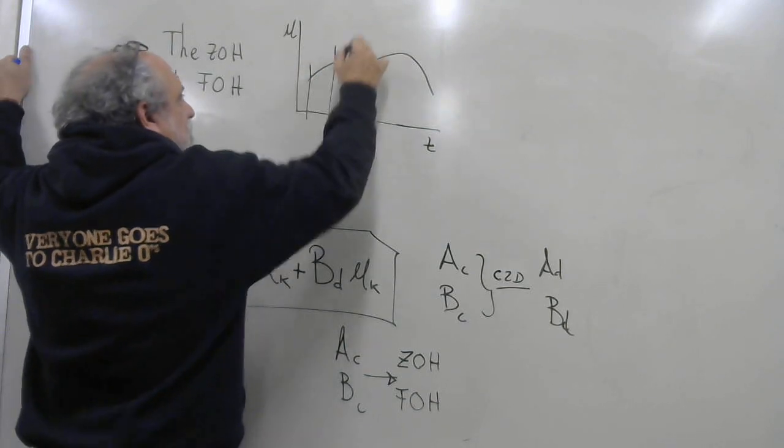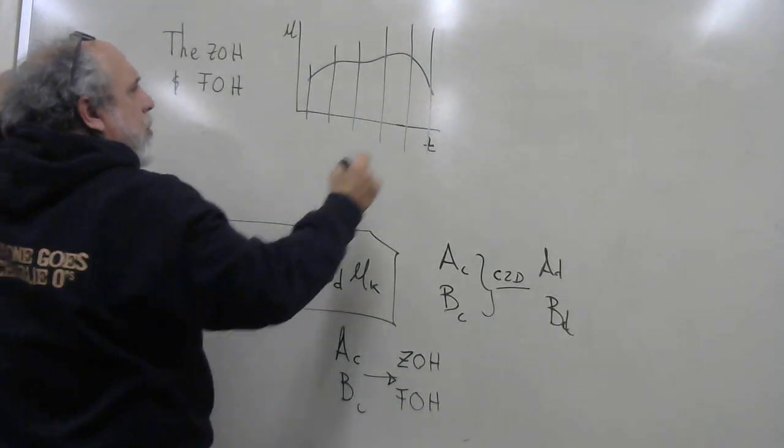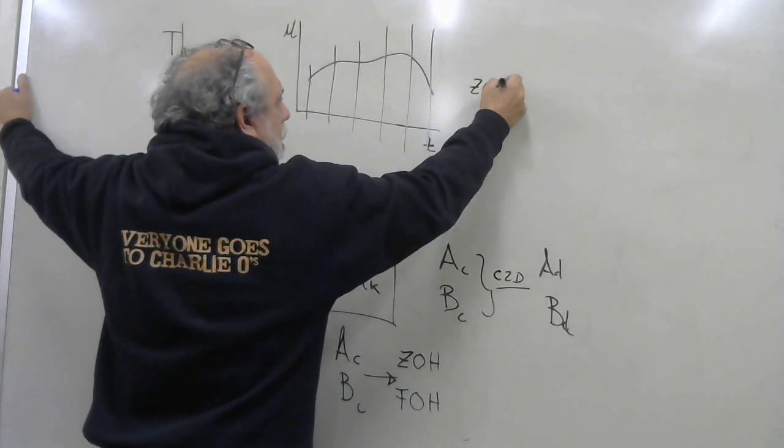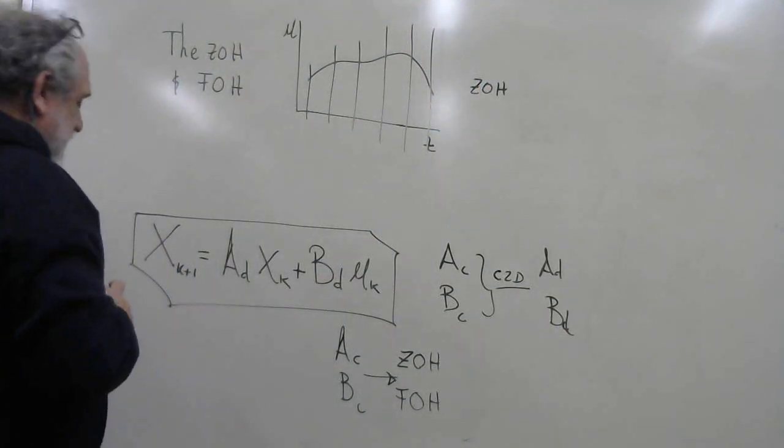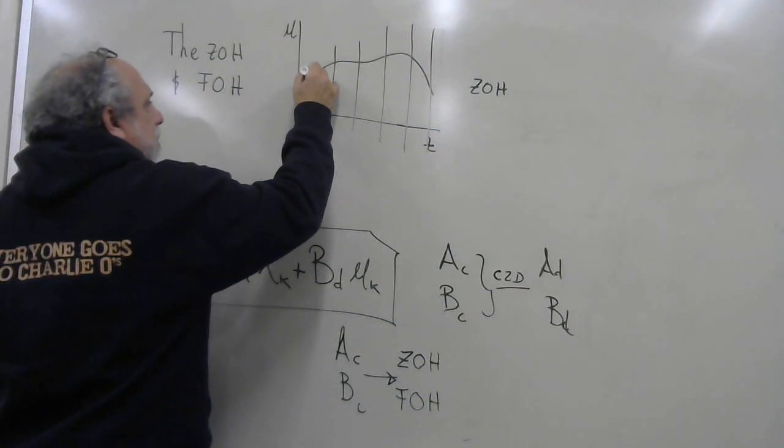If this were the time steps, in the zero order hold we would replace the input by this.